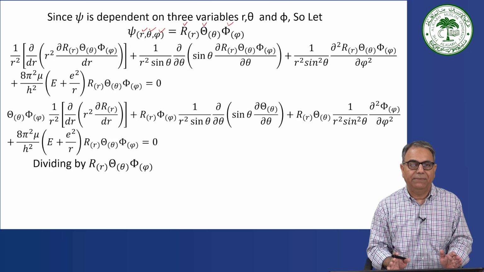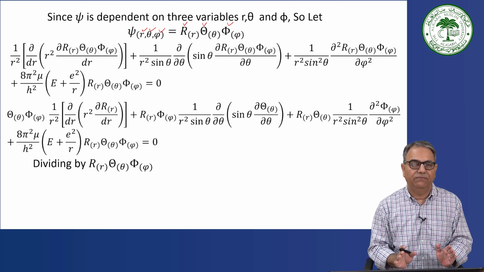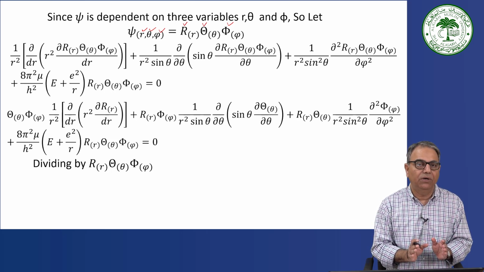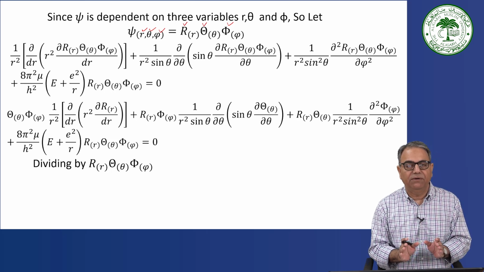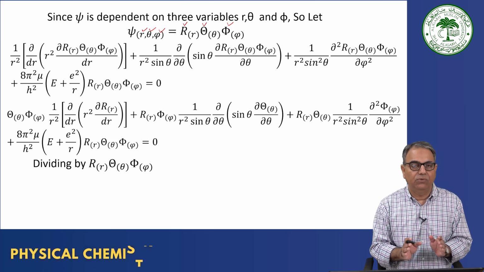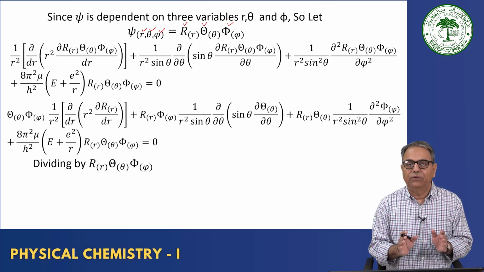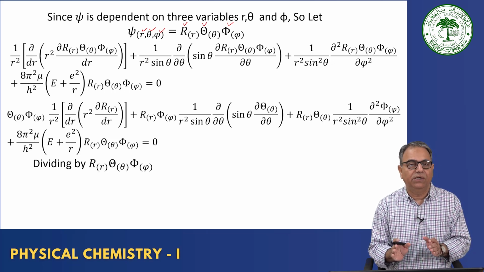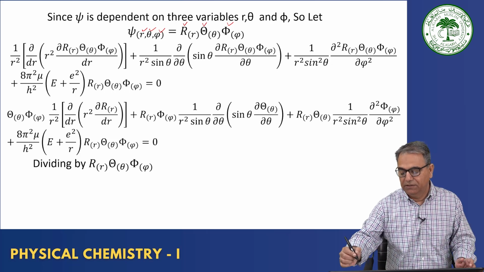I have said time and again that whenever you have a wave function with more than one variable, you can split that wave function into component wave functions, each depending on only one variable, and the total wave function will be the product of component wave functions. And if the energy depends on more than one variable, you can break the energy into component energies, each depending on only one variable, but the total energy will be the sum of the component energies.